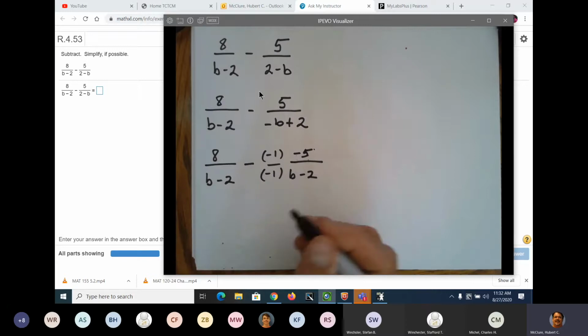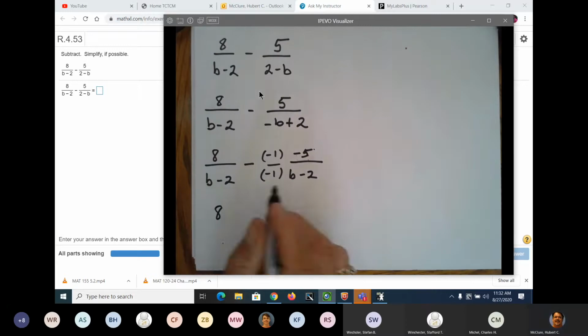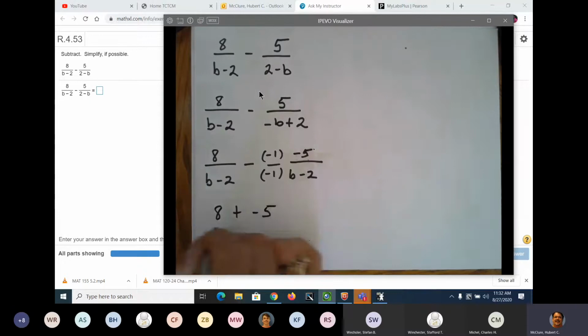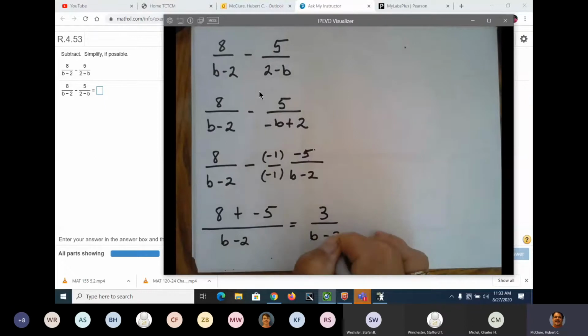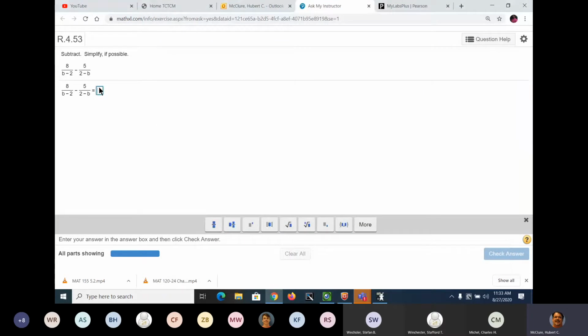So it looks like it's going to be 8 plus a -5 over b minus 2, and that should be 3 over b minus 2. So I would go back and we do 3 divided by b minus 2.